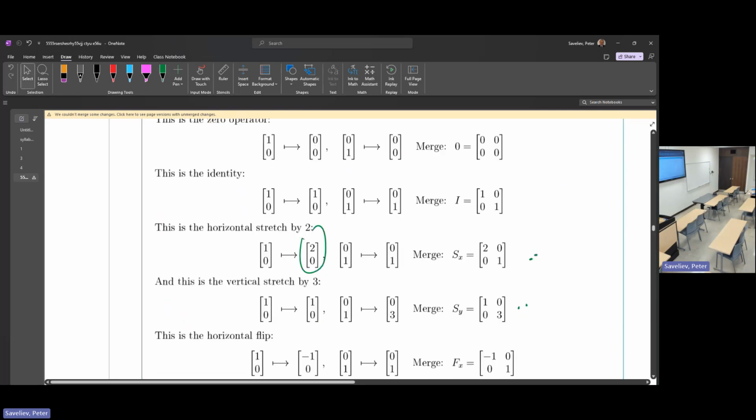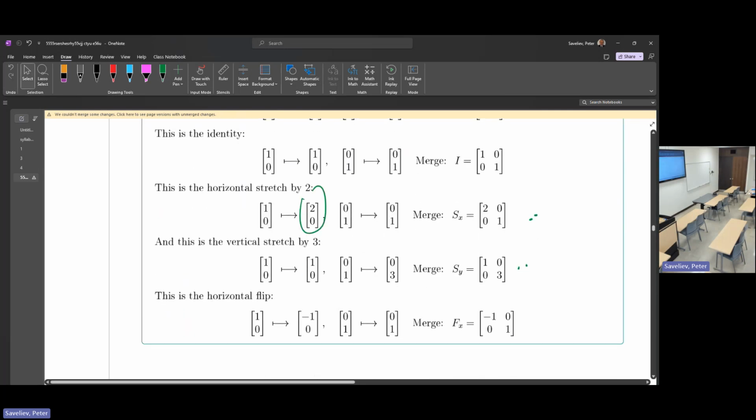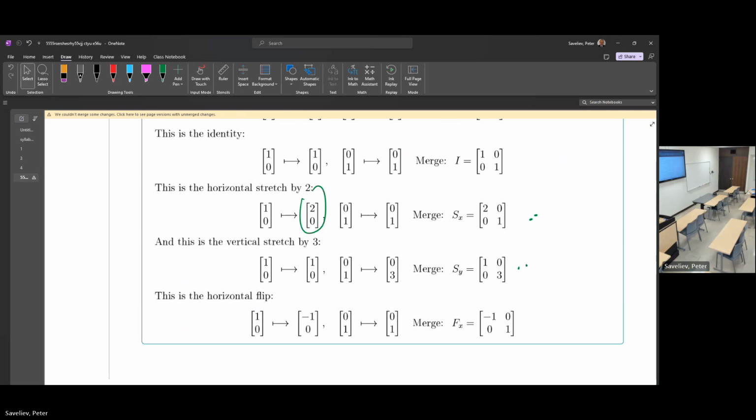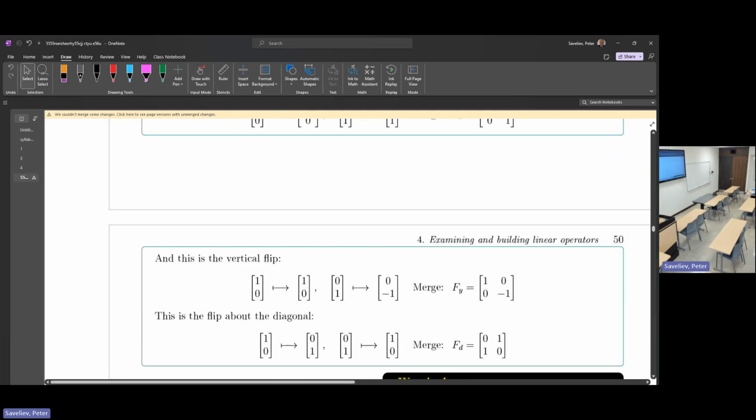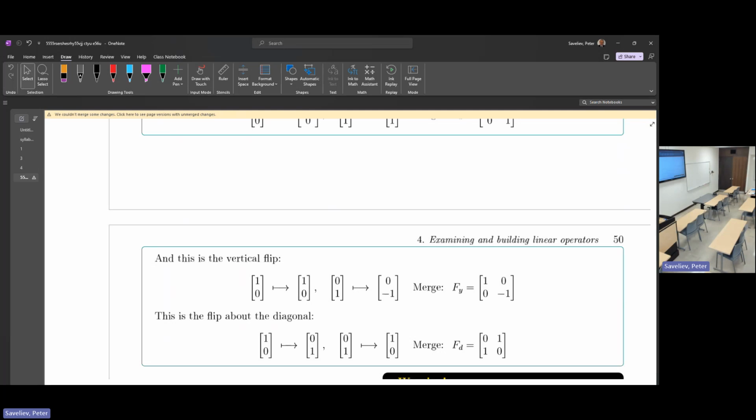Horizontal flip: the horizontal vector is being flipped, so (1, 0) becomes (-1, 0). That's where negative 1 enters the matrix, and similarly for the other flip. The flip across the diagonal is literally x becomes y, so (1, 0) becomes (0, 1) and vice versa, and that's where that twisted matrix comes from.